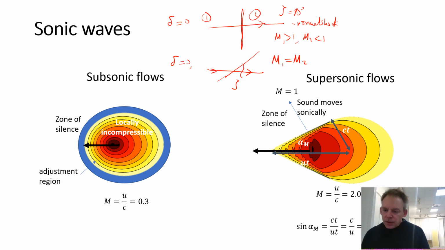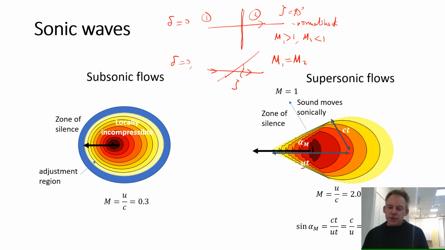If we try to do some analysis on this for something that's moving supersonically, and we say that it's moving with speed u, so over time t the obstacle has moved a distance ut, then the wave that's generated initially has only moved a distance ct. And so as we add together these perturbations, they create a nice sharp front, and that has a shock angle.